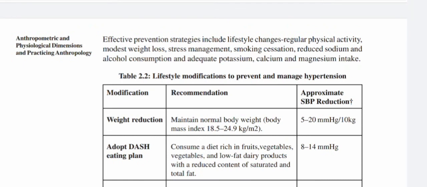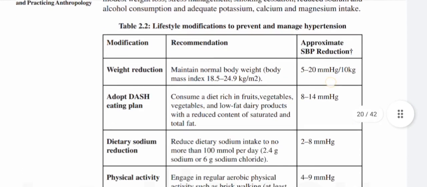Effective prevention strategies include lifestyle changes, regular physical activity, modest weight loss, stress management, smoking cessation, reduced sodium and alcohol consumption, and adequate potassium, calcium, and magnesium intake.